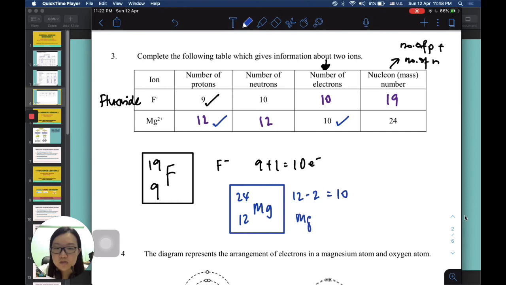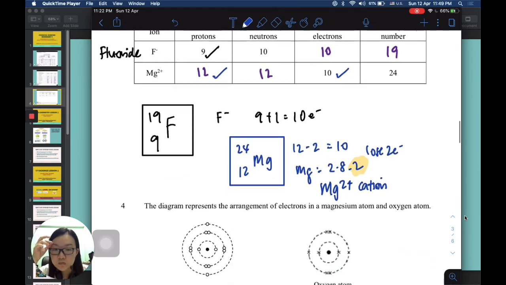So that's 12 minus 2, right? Because magnesium is 2.8.2. In order to achieve octet, it will lose the 2 valence electrons to form Mg2 plus cation. After losing 2 electrons, it will be left with 10 electrons.